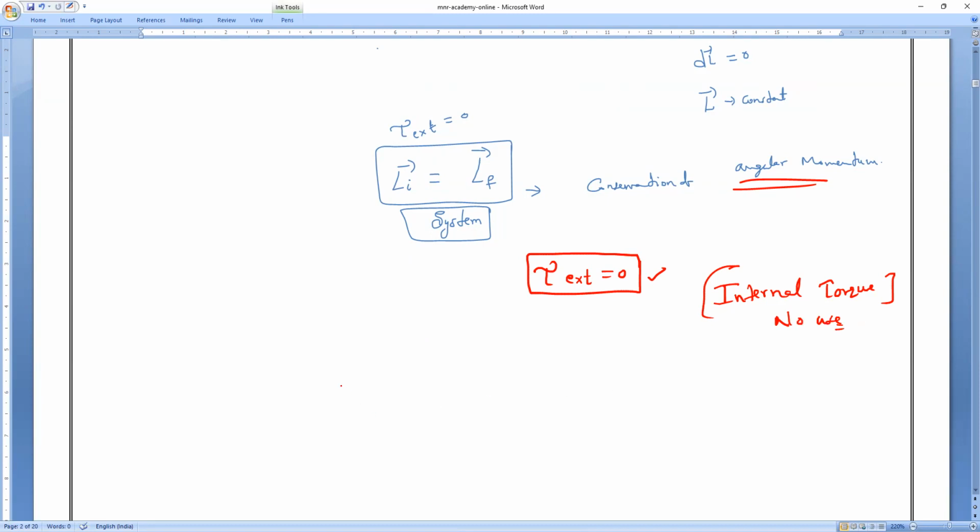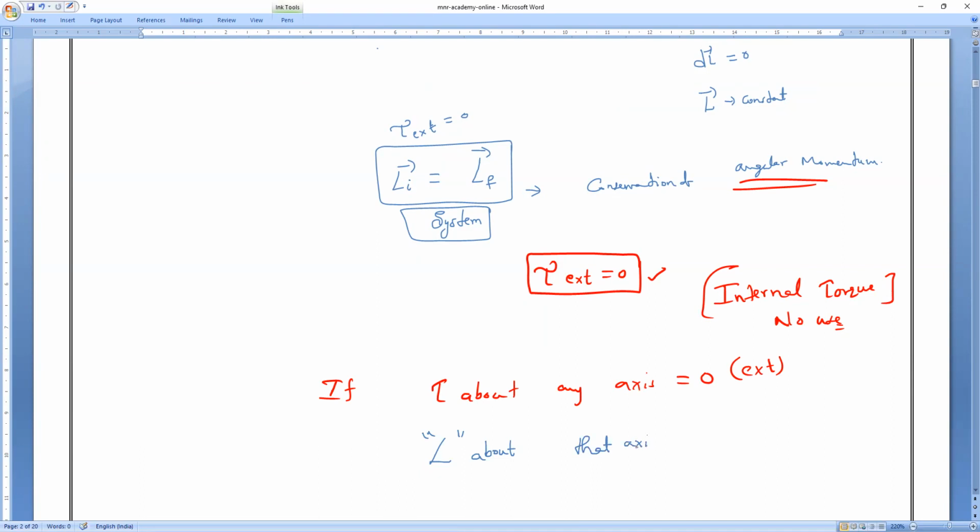So observe very carefully. If the torque about any axis becomes zero, which torque is it? External torque.